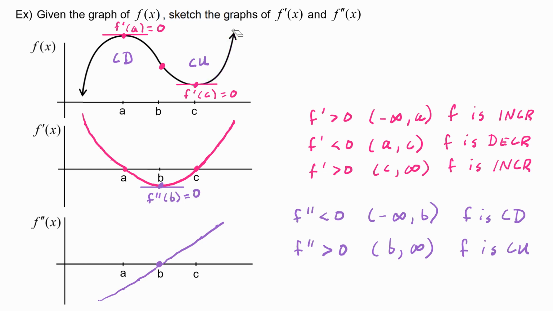So those are the relationships you have to see. From the graph of f, we can use the slopes to sketch a possible graph of f prime, and then we can use the slopes from the graph of f prime to sketch a possible graph of f double prime.